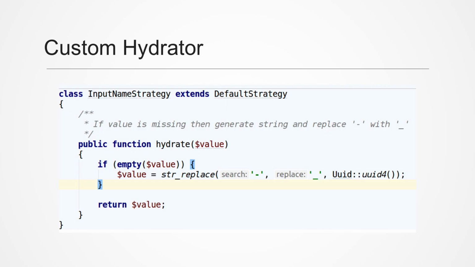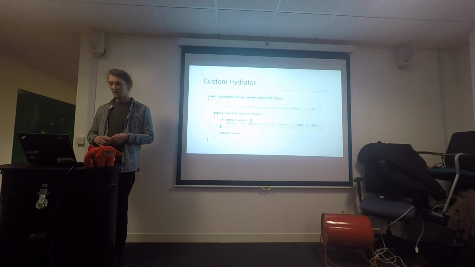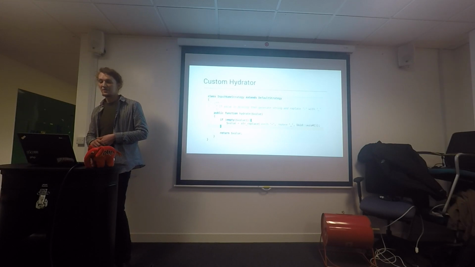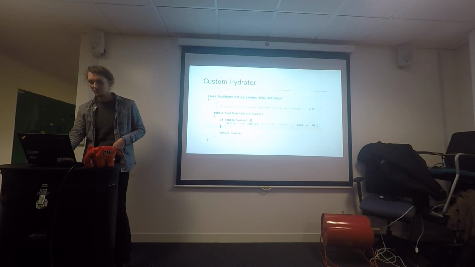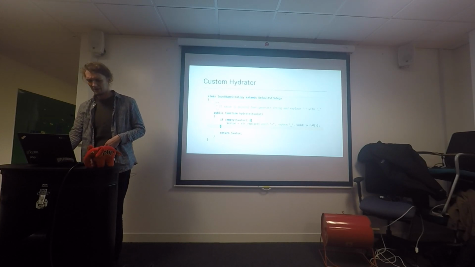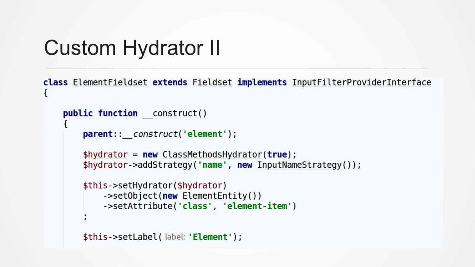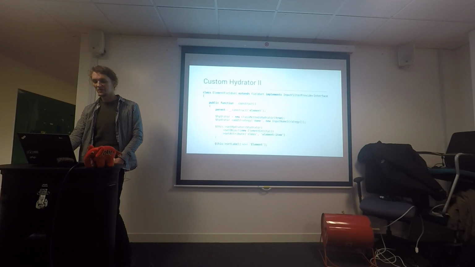This is an example of a custom hydrator. In this one, if the input code name, for example, is not provided, if it's empty, it generates a UUID, like a random string. That's only one method, and it rewrites the hyphens to underscores. This is how we may create custom hydrators and attach custom hydrators in a factory-backed form.